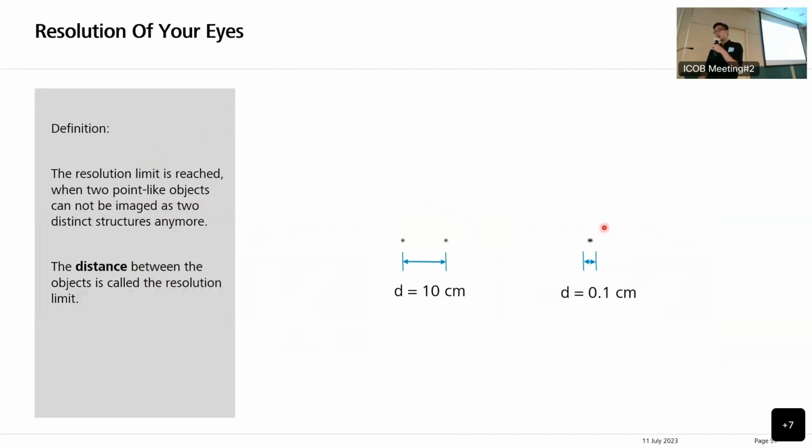Then we move these 2 points closer, and at a distance of 0.1 centimeters, we actually cannot determine there are 2 points. So we can define that we have a resolution of 10 centimeters using our naked eyes. If we use a microscope, we may reach a higher resolution. So maybe by using the wide field microscope, we can resolve these 2 points.